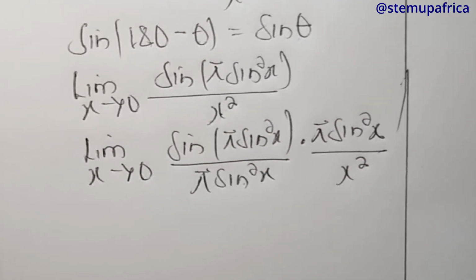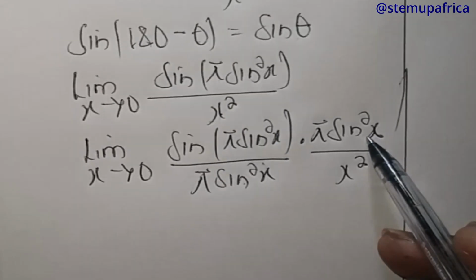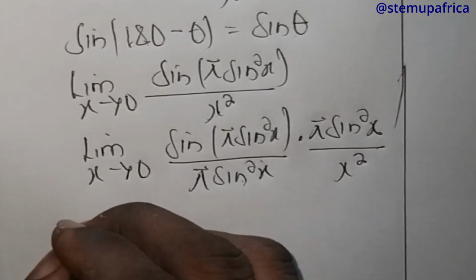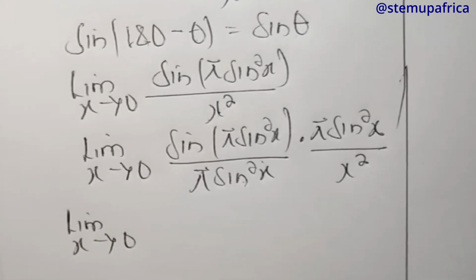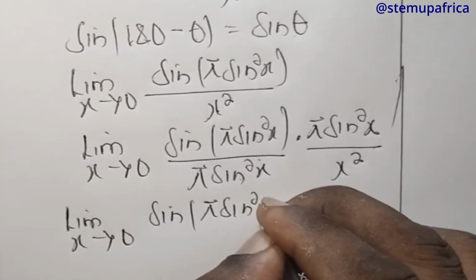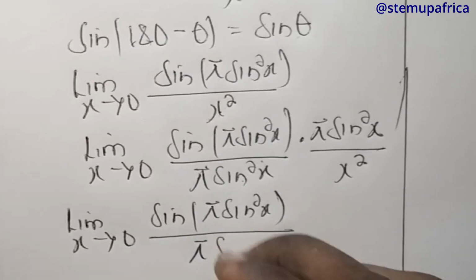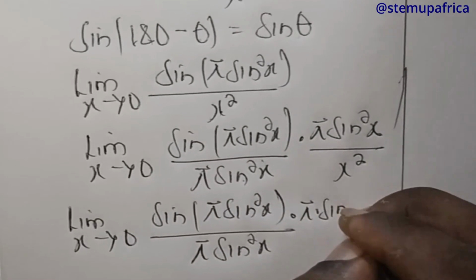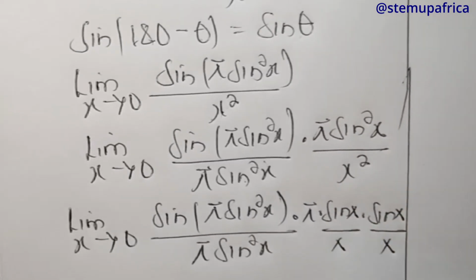So what next? We cannot say the whole of this is now 1, but we have sine square x here and x squared here, so we can also break it down. I'm going to have the limit as x tends to 0 of sine of pi sine square x over pi sine square x, times pi, times sine x over x, times sine x over x.